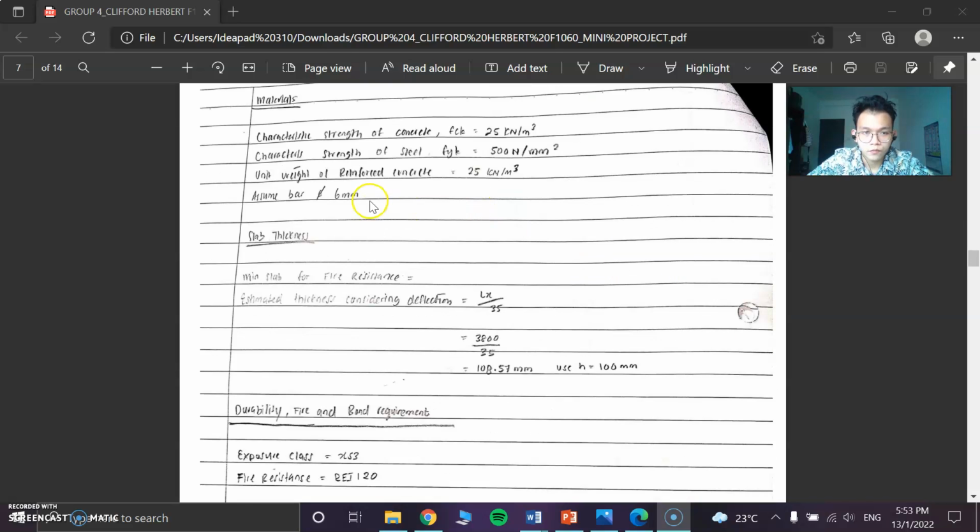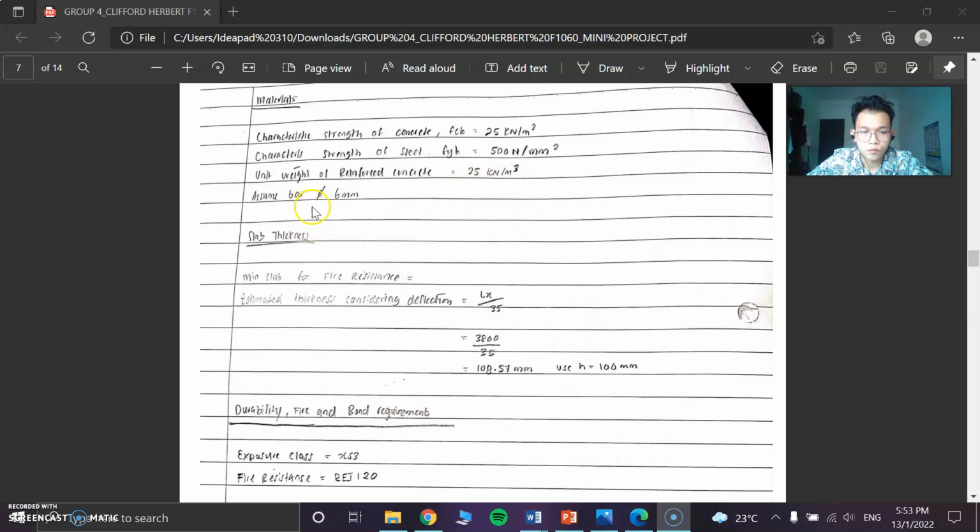For the material, characteristic strength of concrete, FCK, is 25 newton per millimeter square. For the steel, FYK is 500 newton per millimeter square, and unit weight of reinforced concrete is 25 kilonewton per meter cube.